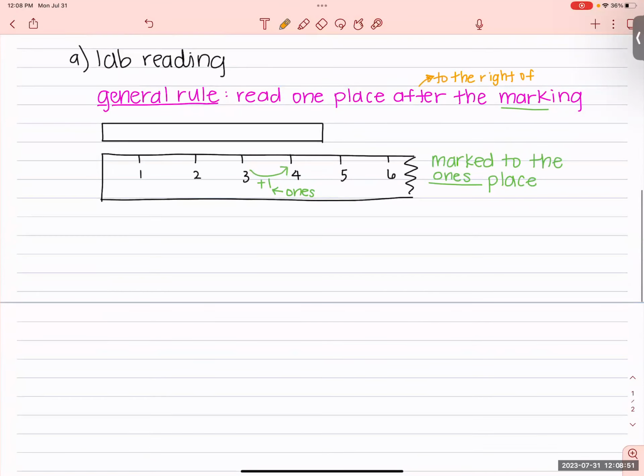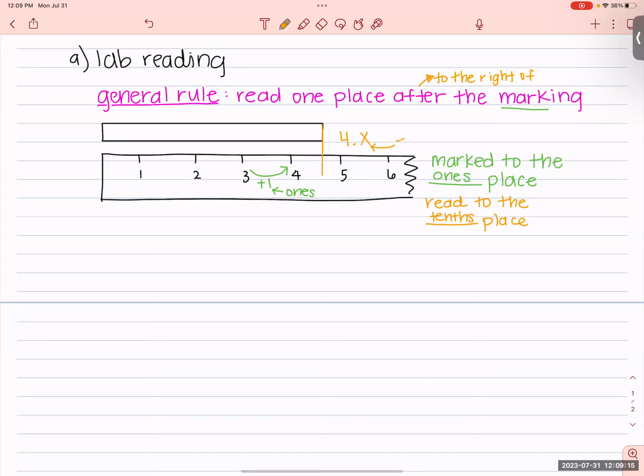So it's marked to the ones place. We read to the tenths place. So I could look at this and say, well, I think that's like 4 point something. And we can argue about what that is.